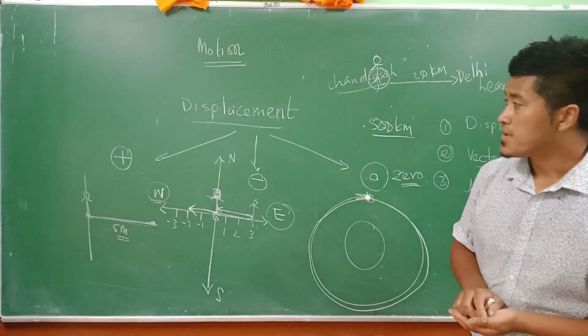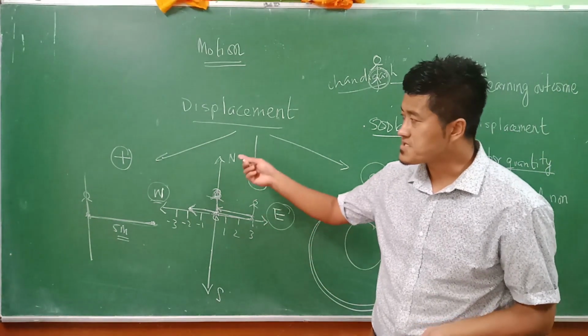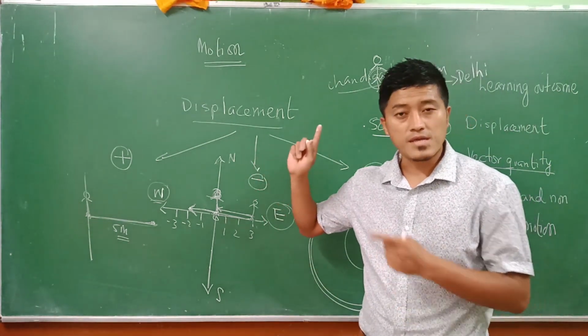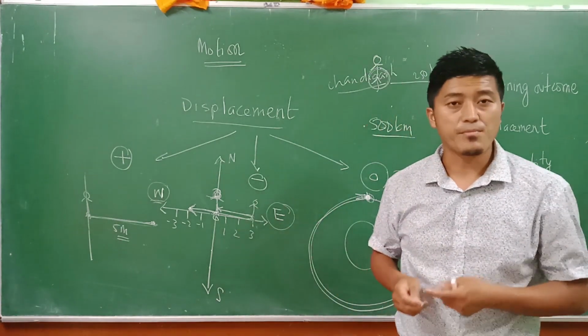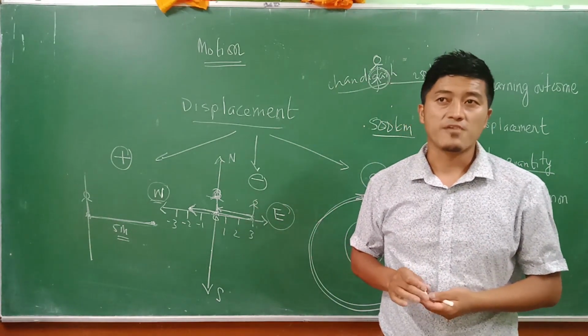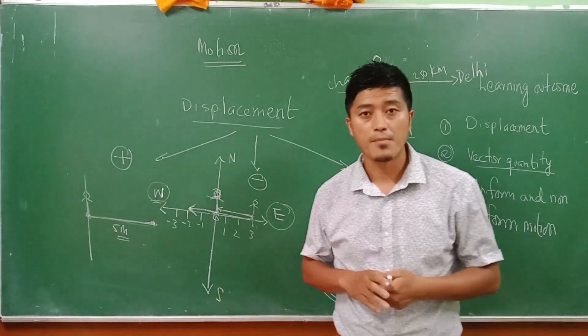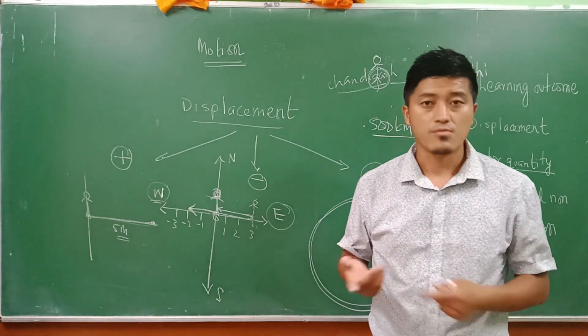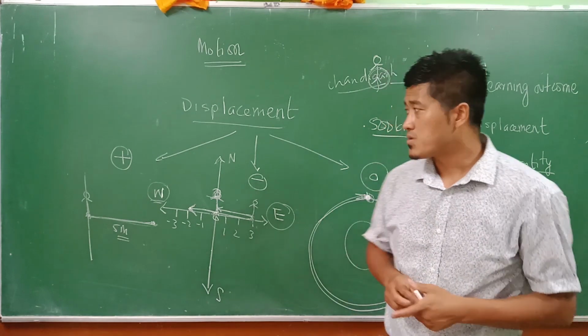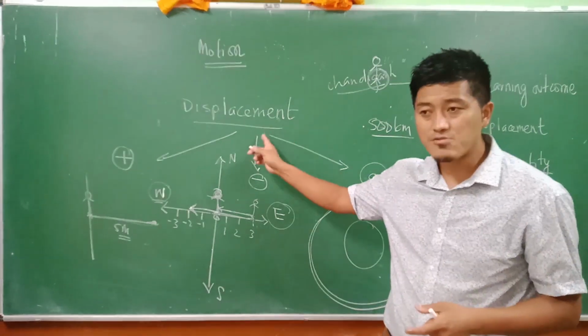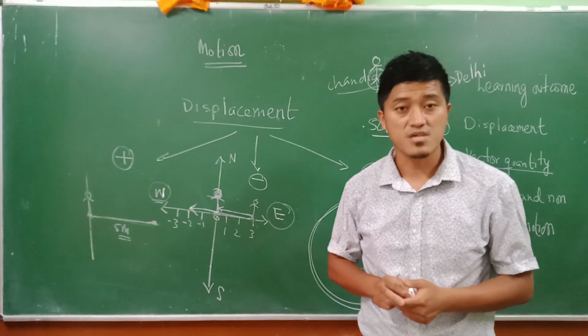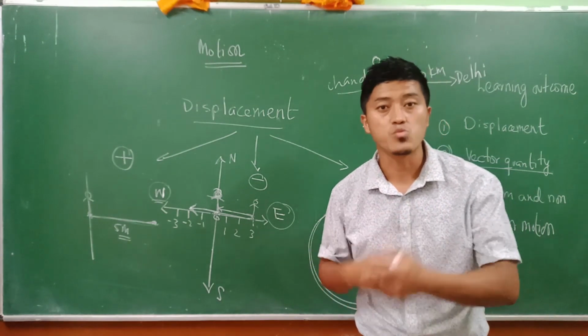Yesterday, in the case of distance, we talked about magnitude. If a person is covering 200 meters, we don't have any idea about where he is traveling. Now in the case of displacement, I say something like a person is covering a displacement of 200 meters towards the north.